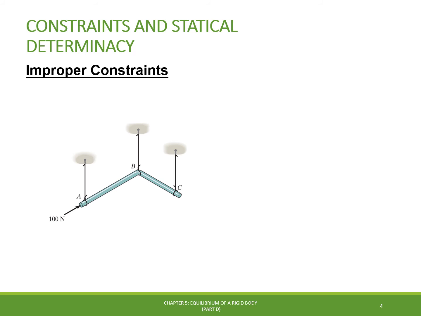Another example is the 3D L-shaped bar supported by three cable connections and subjected to the perpendicular force shown here. Since the cables can only support forces oriented along their directions, like the weight of the bar for example, it's obvious that the applied force will make the bar move along the direction of the applied force.